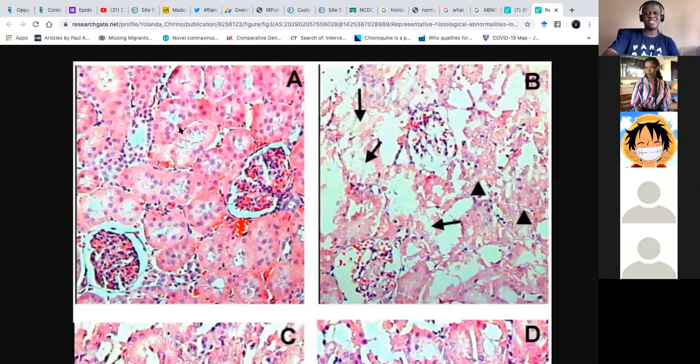And in the second instance, you'll be able to know which features align with a particular disease condition. For you to establish that this patient has renal damage, glomerulonephritis, or cardiac failure, there are features you are expected to see in that particular tissue that will make you reach that conclusion. So that is the essence of histopathology.